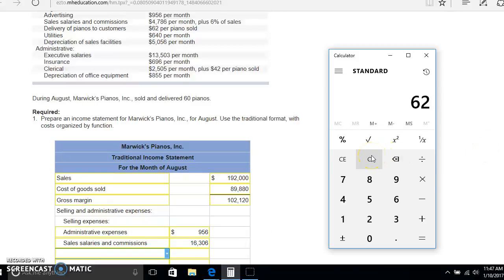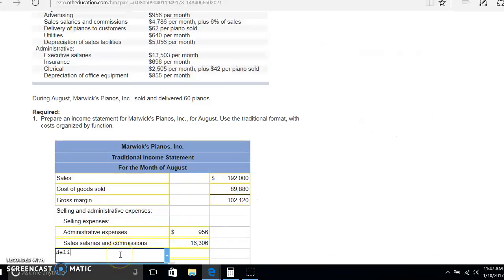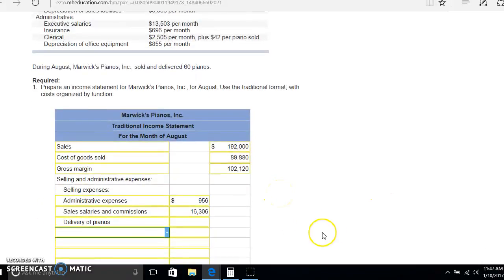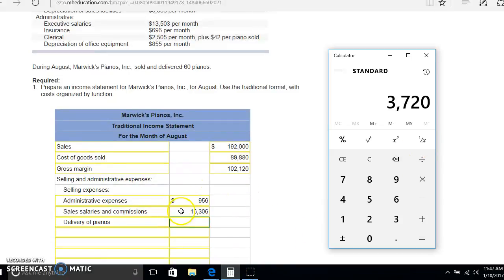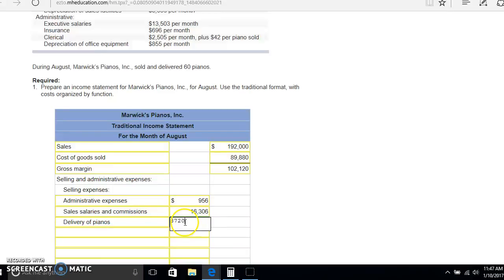The delivery of pianos to customers is $62 per piano sold. So I'm just going to do 62 times the 60 that we sold. So our delivery, I guess I got to scoot it down a little bit. Our delivery was $3,720. Okay.